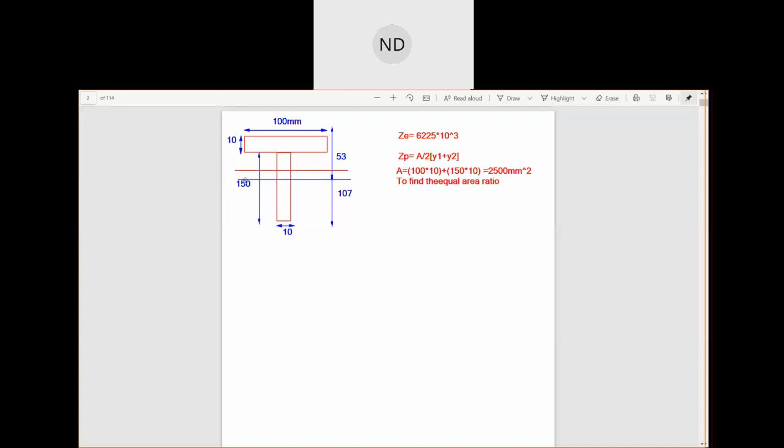Suppose this is an axis whose distance from the top we have assumed to be y dash.